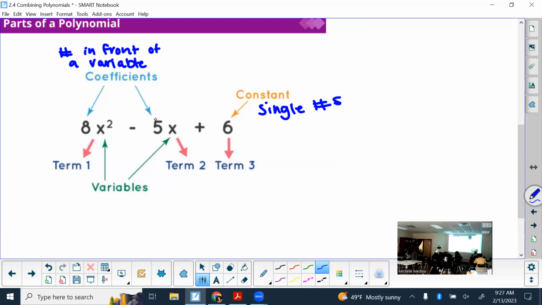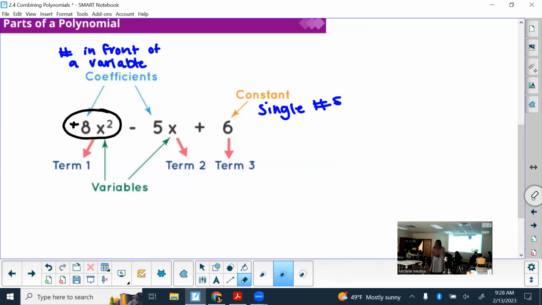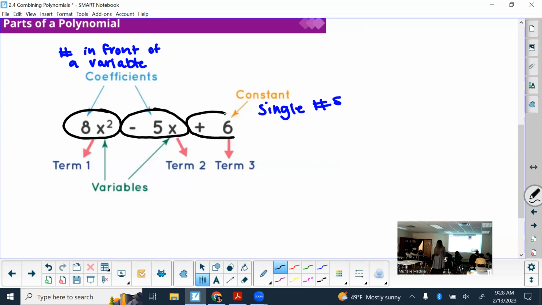Yes, I like that better. The plus and minus signs, the operation symbols, are what separate your terms. So that's why I have 3 here. And for each term, keep the sign that's in front of each term. This one, we usually don't write if it's positive, like we don't put plus 8x squared. But if there's no negative, we know it's positive. This one is negative because you keep the sign that's in front of each term. And this one is positive.